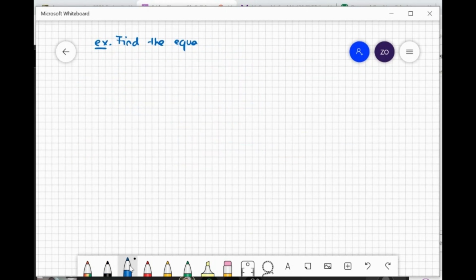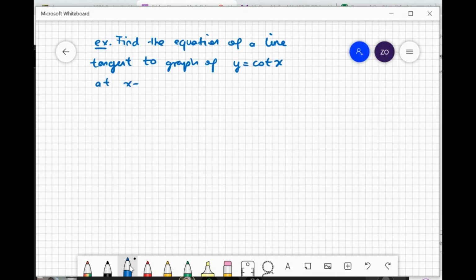Find the equation of a line that is tangent to the graph of y equals cotangent of x at x equals pi over 4. Okay, so I want to check out the graph of the cotangent function.